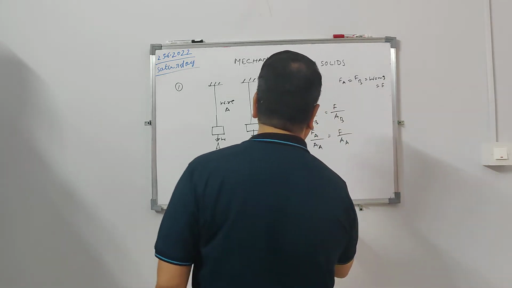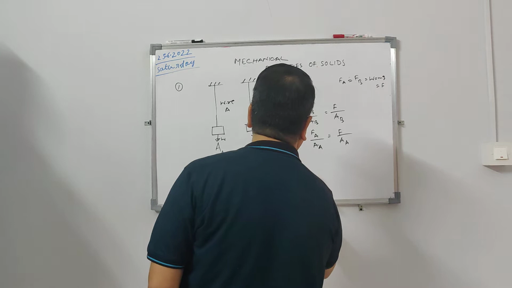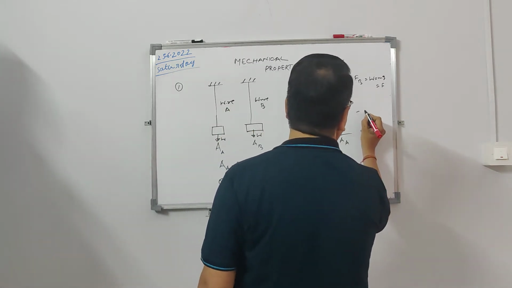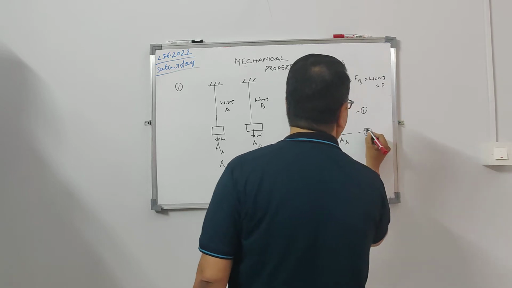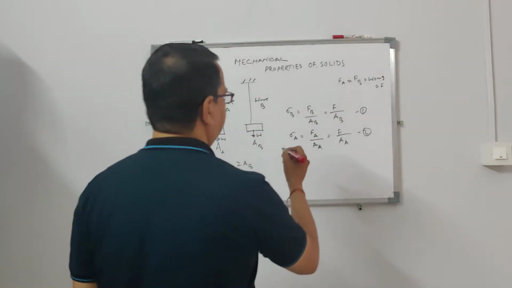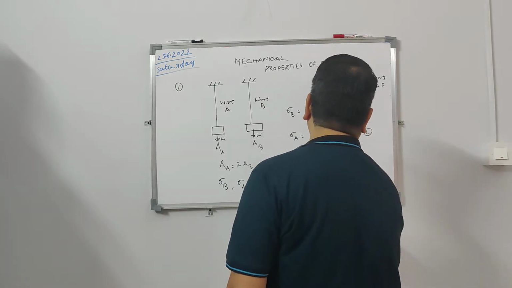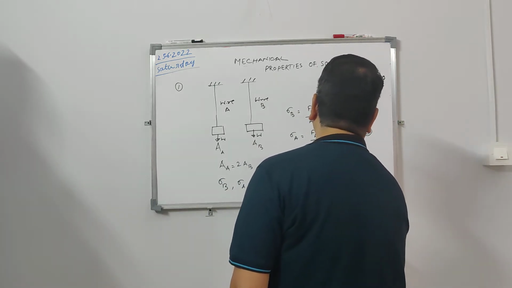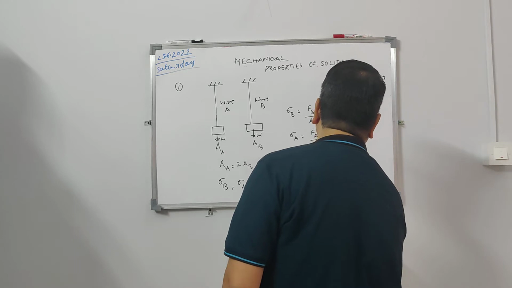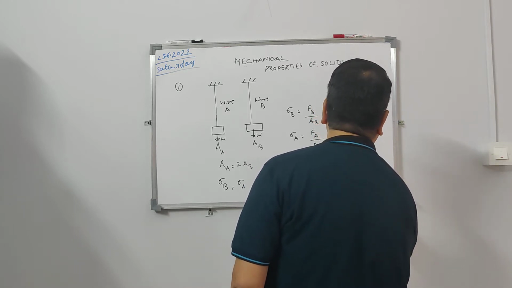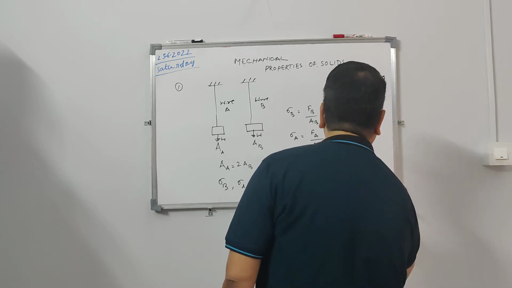Now if you divide sigma A by sigma B, this is equation 1, this is equation 2. Sigma A by sigma B is equal to F by AA divided by F by AB. So this becomes AB by AA.